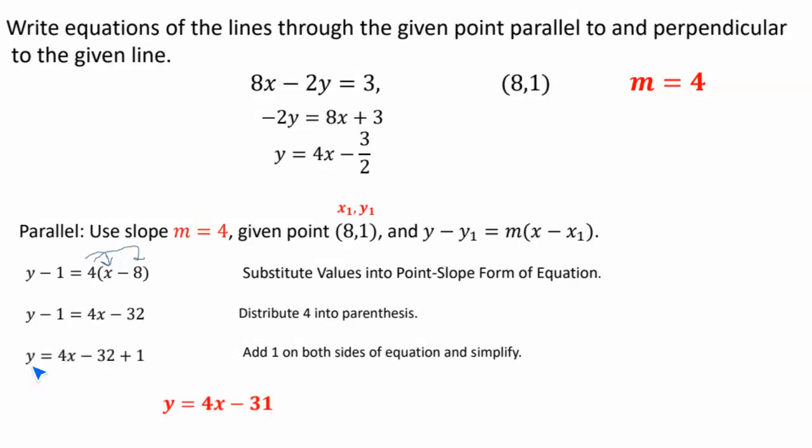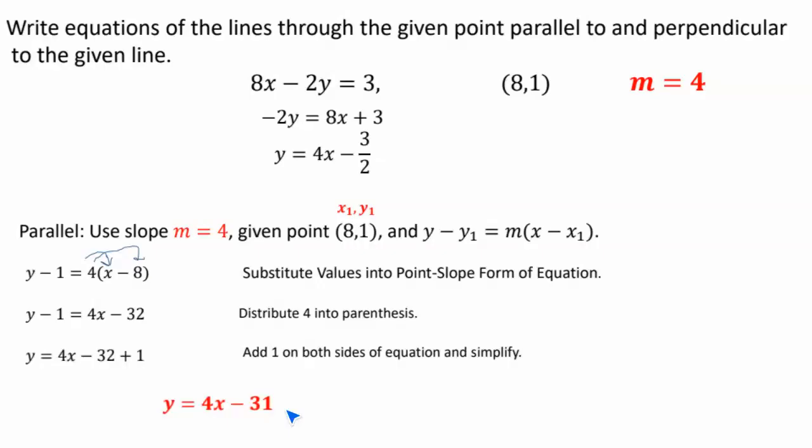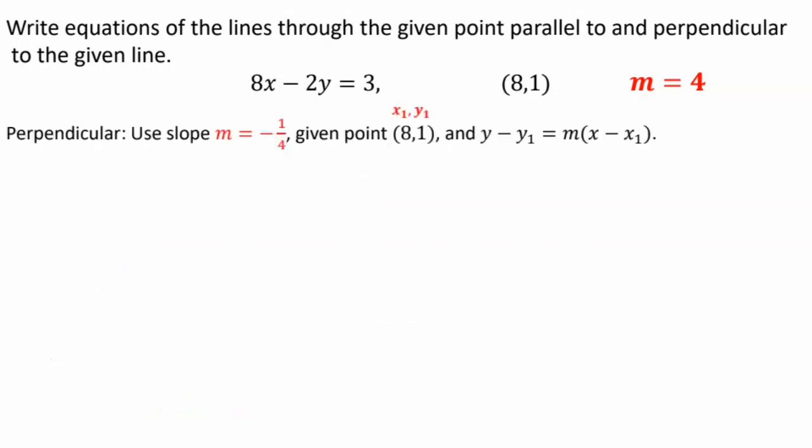So y is equal to 4x, -32 plus 1 is -31. So if you were to graph this equation and you were to graph this equation, then they're going to be parallel to each other. They're never going to cross.